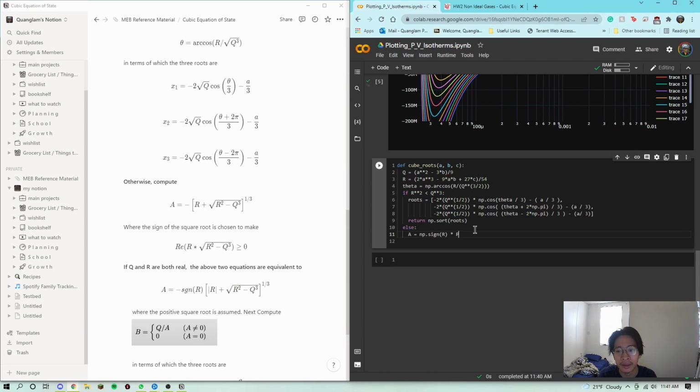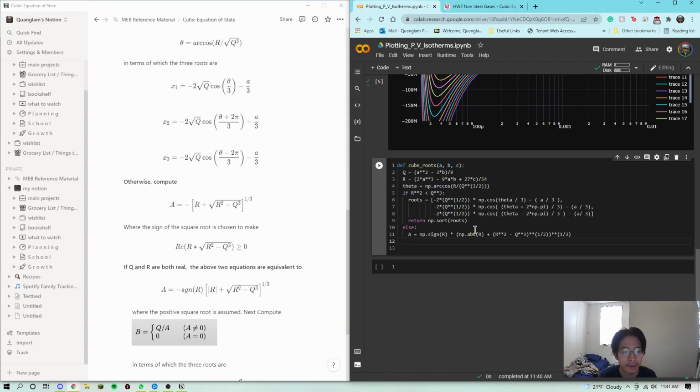So times np.abs(R) plus the expression R squared minus Q cubed, square root, and the entire thing is raised to the 1/3 power.